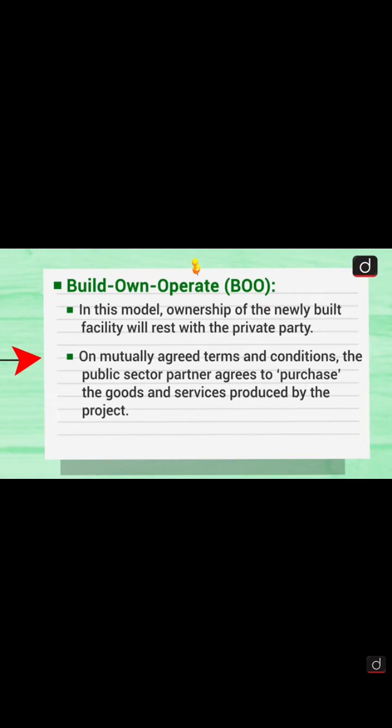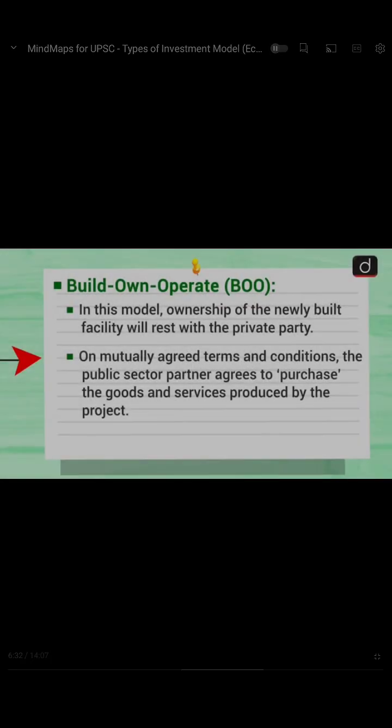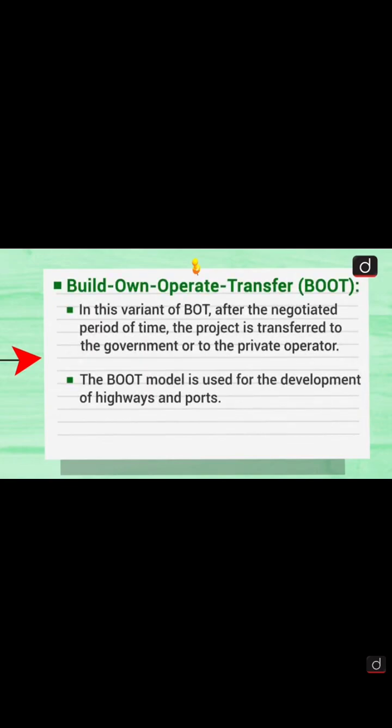They are not transferring it. So they are just operating on mutually agreed terms and conditions, and the public sector partner agrees to purchase the goods and services produced by the project. So they are agreeing on that particular thing, that they will purchase it, some sort of tender. Let's dig deeper into this and get to know how this build, own, operate works.